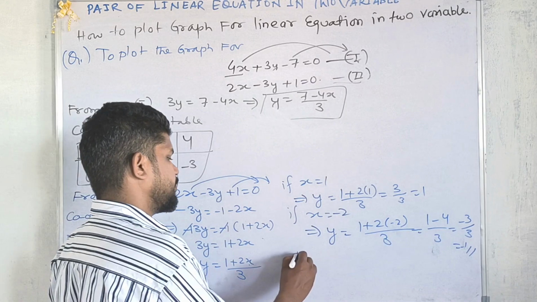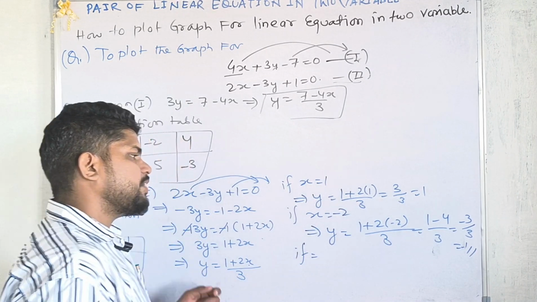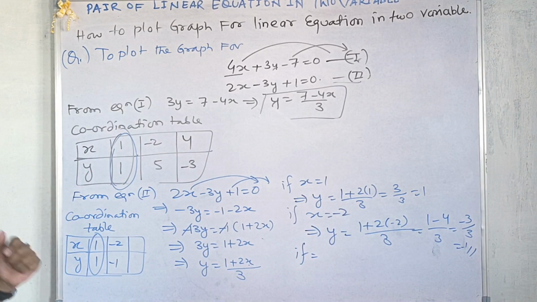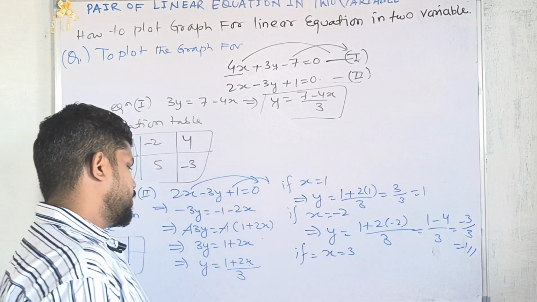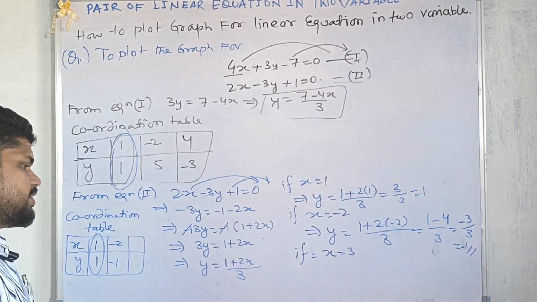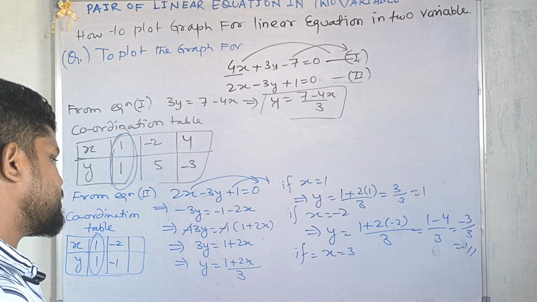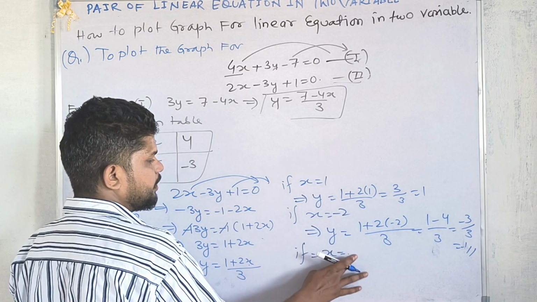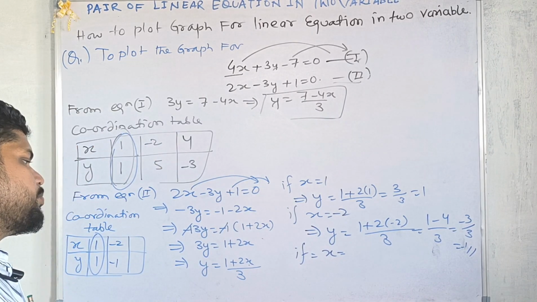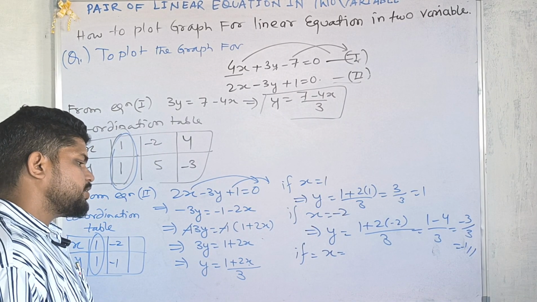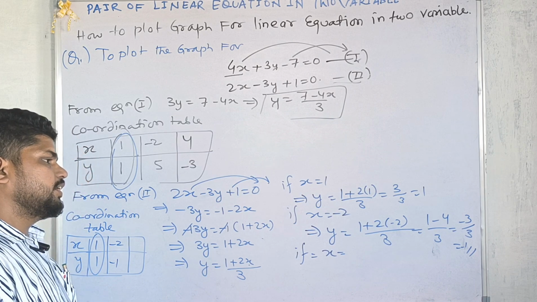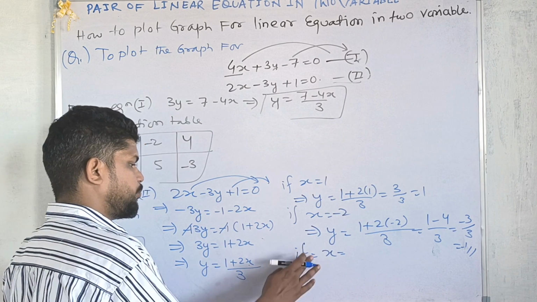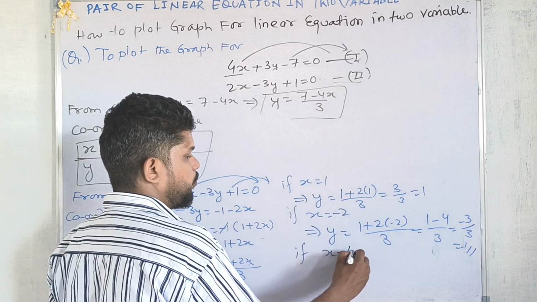Now if I put the value of x is equal to 3, so 1 plus 6 divided by 3, that is 7 by 3, so it will be avoided. If I put the value of x is equal to minus 3, this will be 1 plus 2 into minus 3, minus 6 plus 1, minus 5 by 3. Again fractions, so avoided. Now put the value of x is equal to 4.